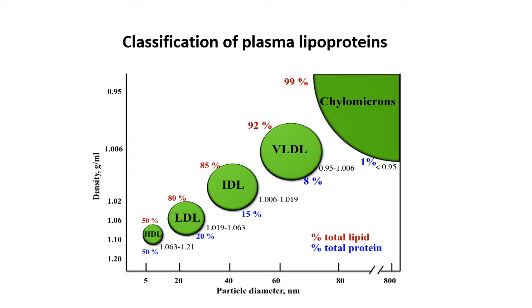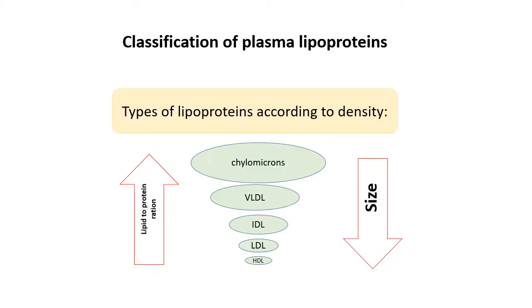Of the 5 types of lipoproteins, chylomicrons contain the highest percentage of lipids and the lowest percentage of protein. So, as the lipid to protein ratio increases, the size of lipoprotein increases and the density decreases, because protein density is larger than lipid density.